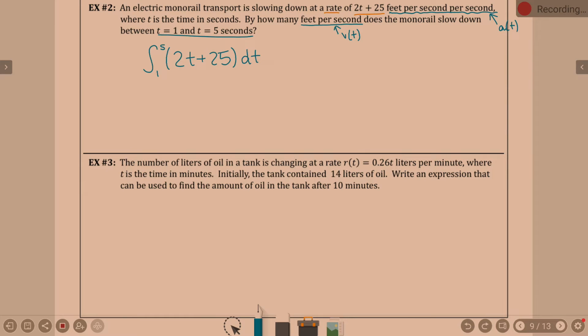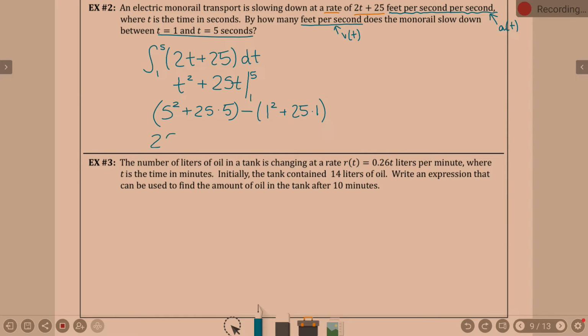What's the integral of 2t? T squared plus the integral of 25? 25t, all evaluated from 1 to 5. So 5 squared plus 25 times 5 minus 1 squared plus 25 times 1.